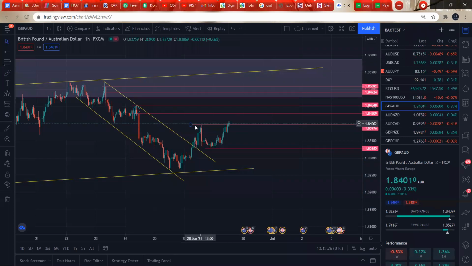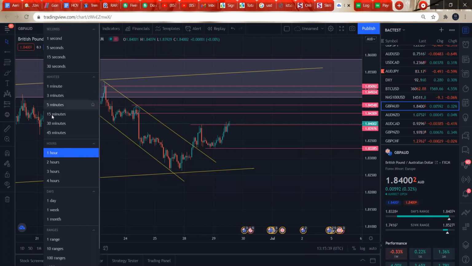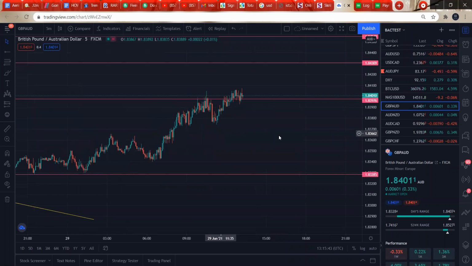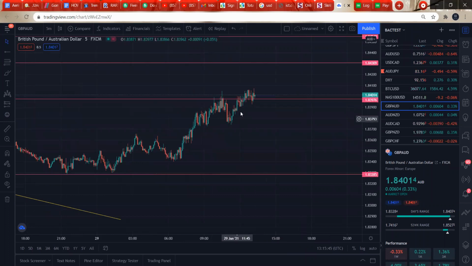So this market broke these tops and created new tops here. We're expecting that this market might give us another impulse to the upside, or if it comes back in here impulsively, let me go to the 5 minutes, it will go down.